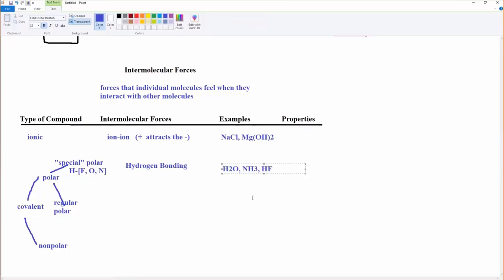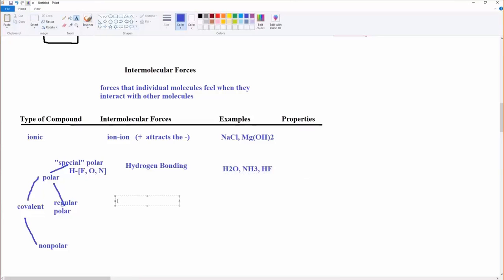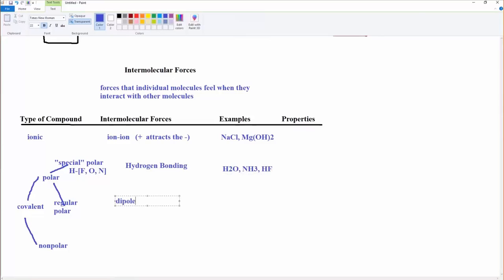Okay. Regular polar, we're just going to call that a dipole interaction. That's one dipole, that means two poles, right? Something that's polar that has two poles interacting with something else that's polar that has two poles. So anything else that is polar, if it doesn't have hydrogen bonding, then it's just dipole-dipole. So HCl, as opposed to HF, would be dipole-dipole, right? Or like the SO2 example that we showed earlier.